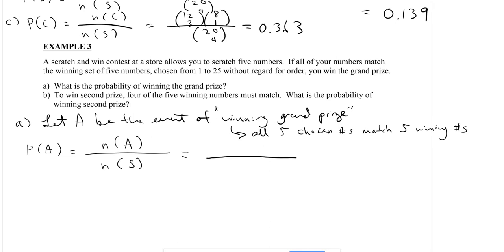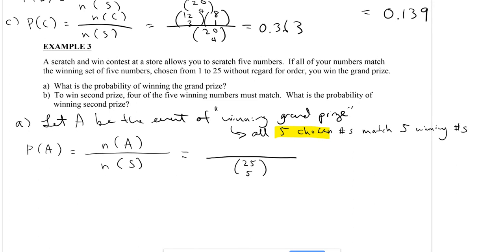If I have numbers 1 to 25, that means I have 25 choices and I am picking 5 numbers. So 25 choose 5 should be at the bottom. Now at the top, we want to make sure that the 5 chosen match the 5 winning.